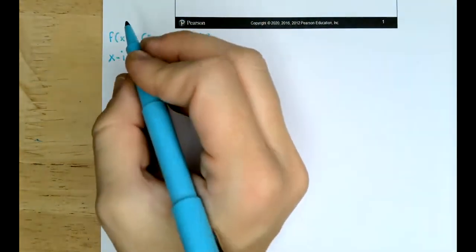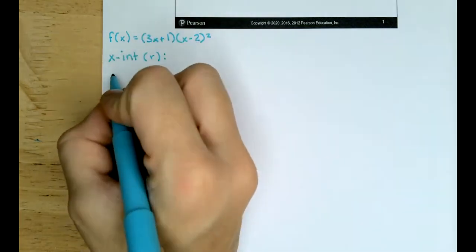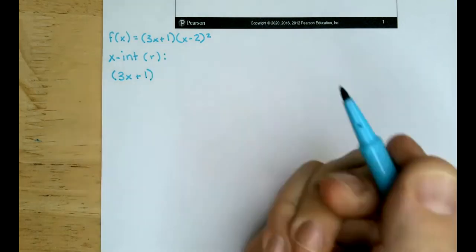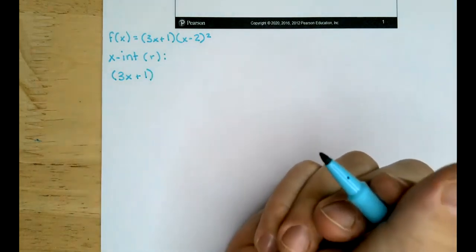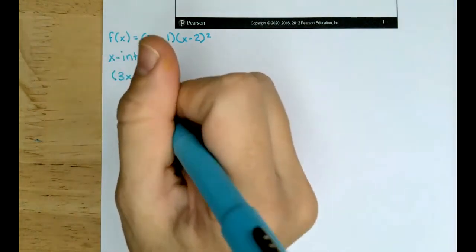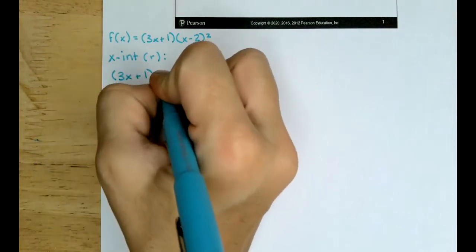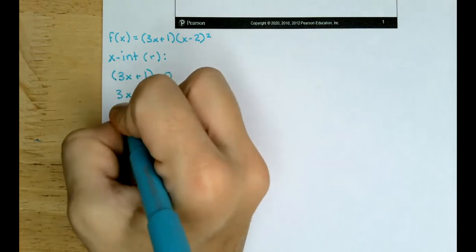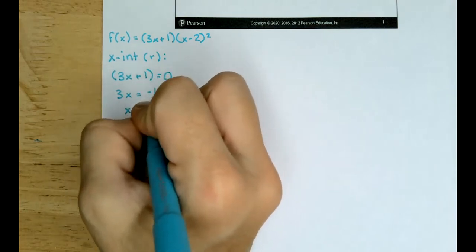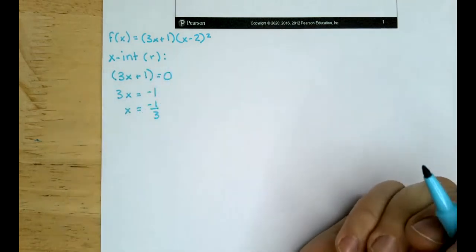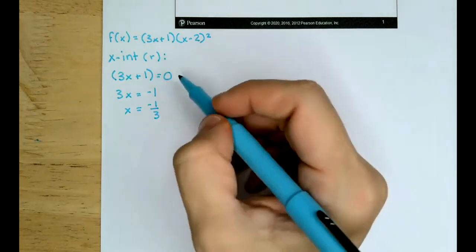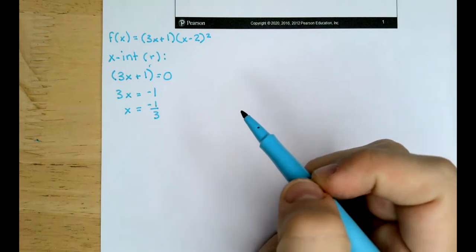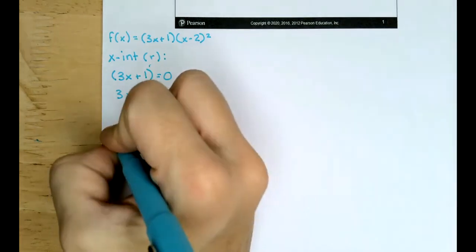Okay. So for the factor 3x plus 1, we're going to use that to solve for x. What would x be? So that would be 3x is -1, so x is -1/3 for that first factor. Okay. And then we're going to look at this exponent right here to find out its multiplicity.